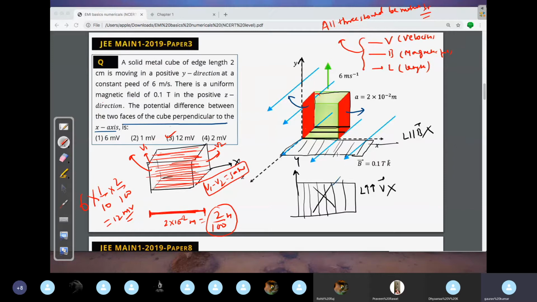Though it's not required in the question, I explained in detail why they all are in parallel. So whenever you have multiple same EMFs connected in parallel, the equivalent is always equal to the EMF of a single rod. A single rod is VBL. Question is over. And each rod will satisfy this condition, and therefore, yes, it's correct. Question is over.